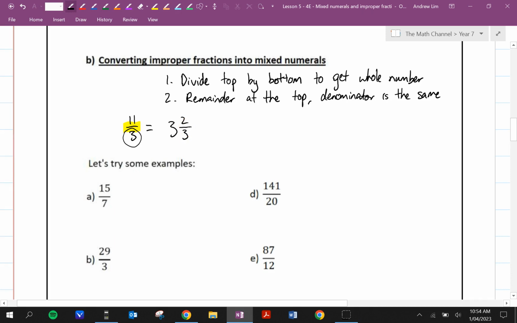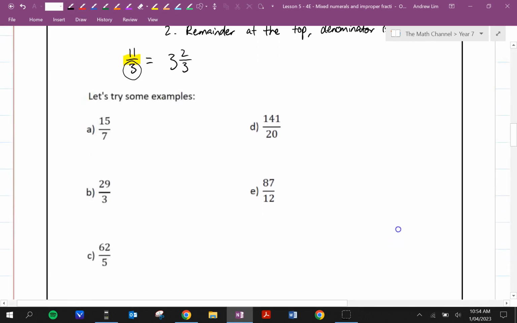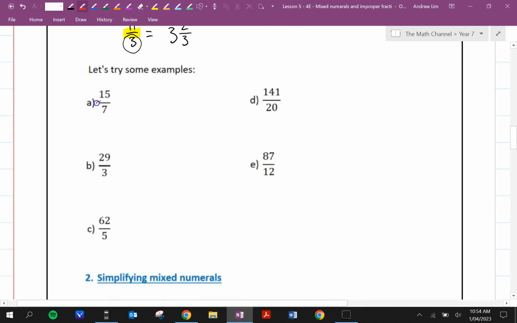So 11 over 3 is the same as saying 3 2/3. So let's have a look at one more example. This line means divide. So 15 divided by 7 is 2, remainder 1. Put the remainder at the top. My denominator is 7, so that goes in the denominator.